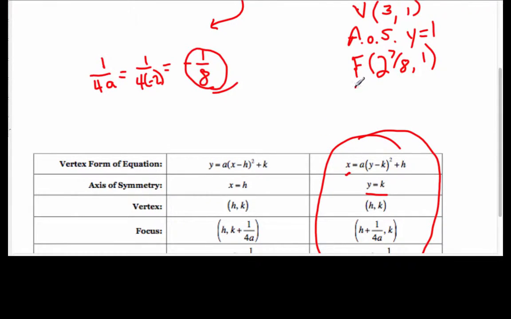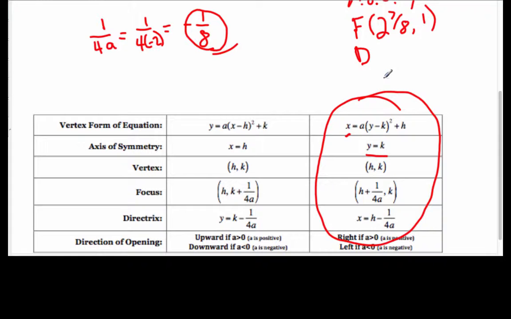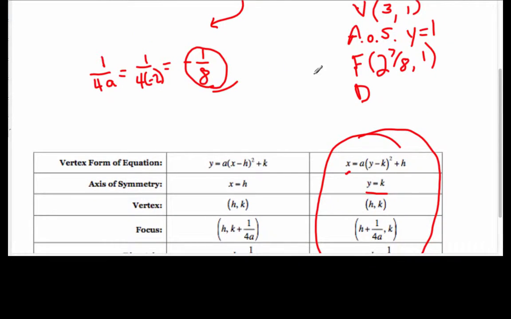Okay, and then I'm going to have my directrix. And my directrix is going to be, let's scroll down a little further, h minus that. So now it's going to be x equals 3 minus -1/8. That's just going to be 3 and 1/8.